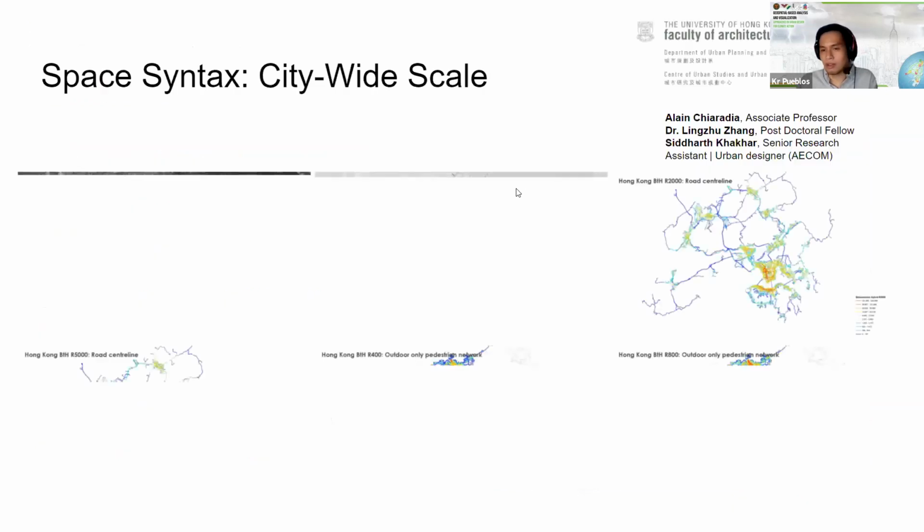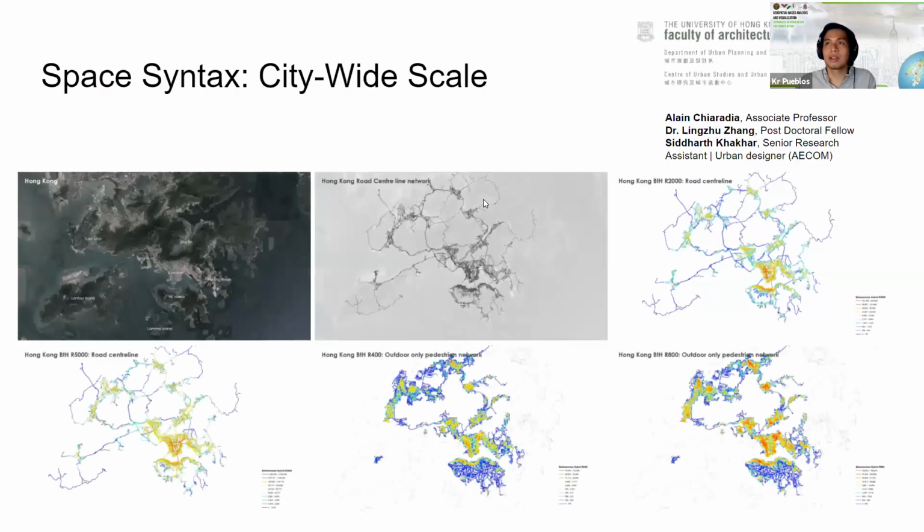Aside from that, there are other tools like space syntax, where you can map the mobility and access behavior of pedestrians across different scales, such as this citywide scale looking at Hong Kong. I'm sorry, I have to attribute this to a colleague of mine from our Hong Kong office, Sid Kakar, in partnership with HK Urban Lab of the University of Hong Kong.